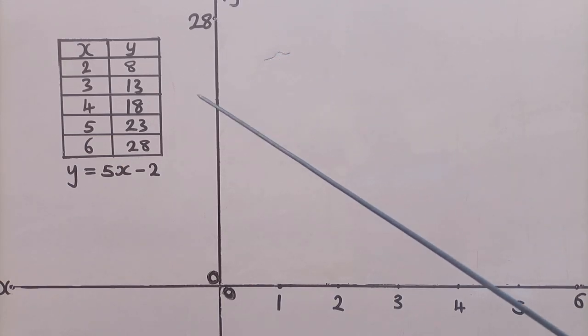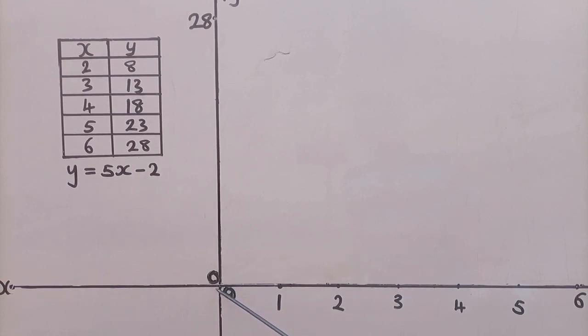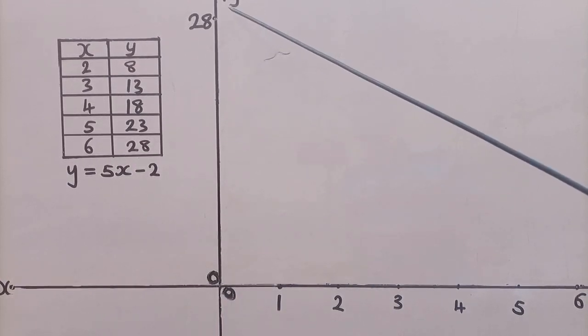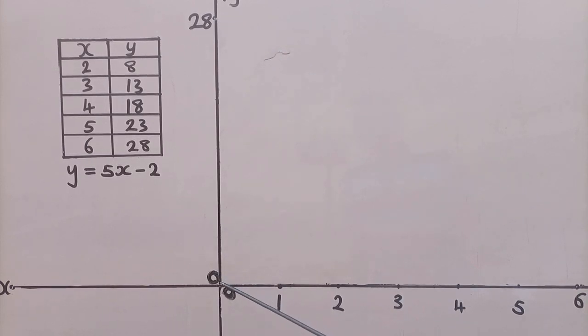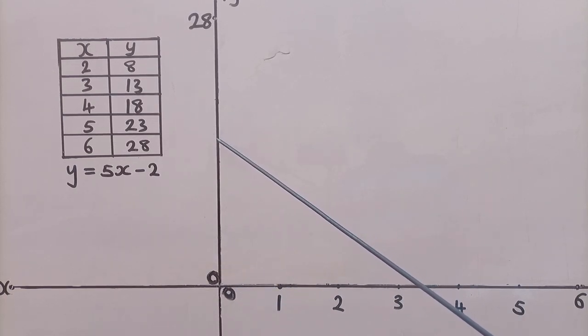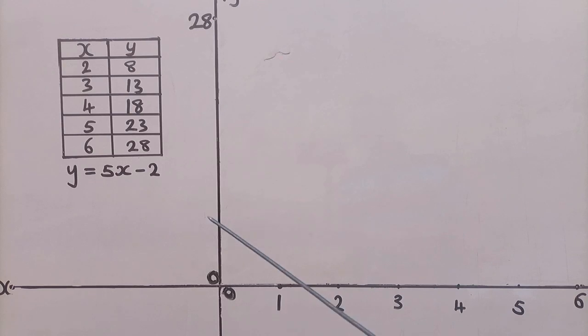From this point to this point is 28. So it is up to me to divide from this point to this point into any number of specified intervals. If I want it to be 2 intervals alone, that will be from here to here, 14. From here to here, another 14.